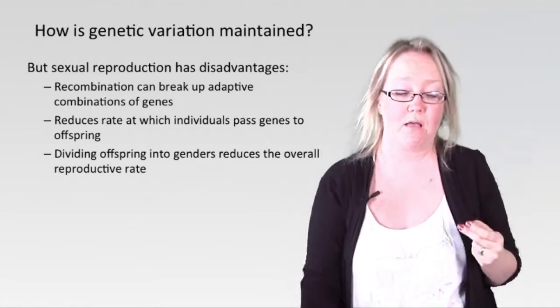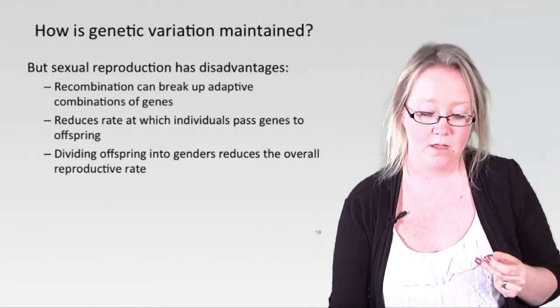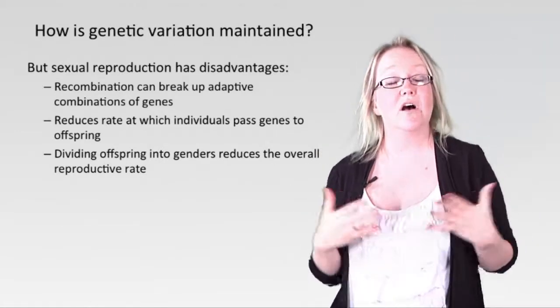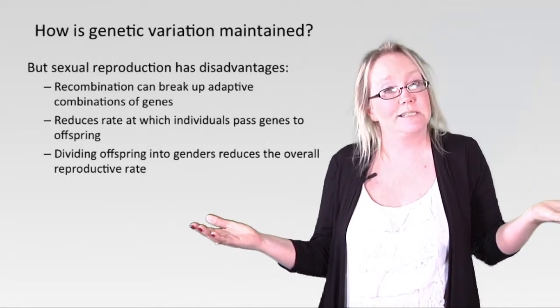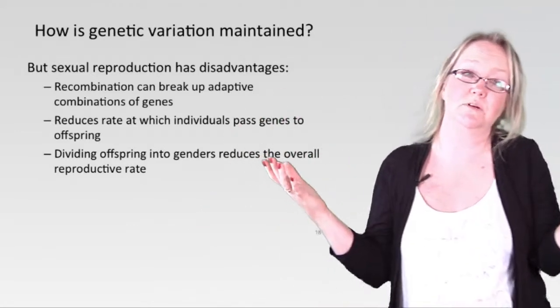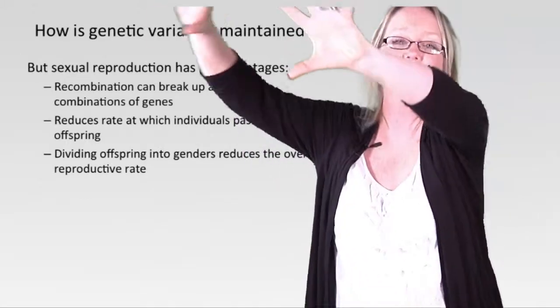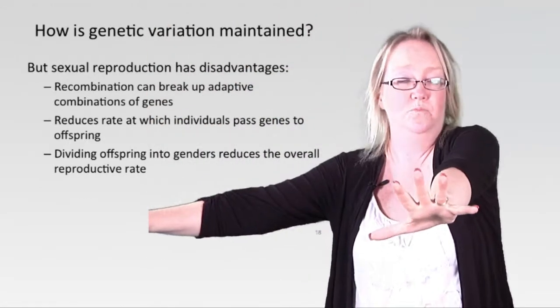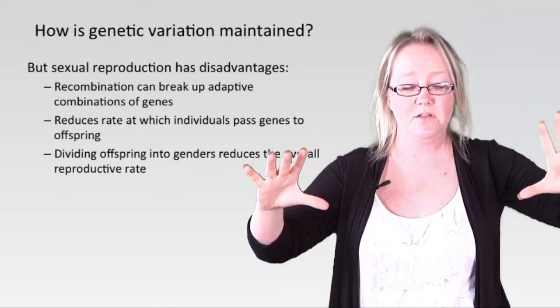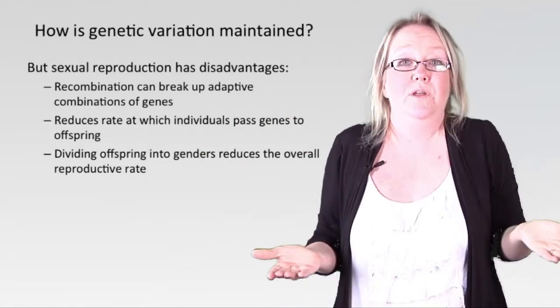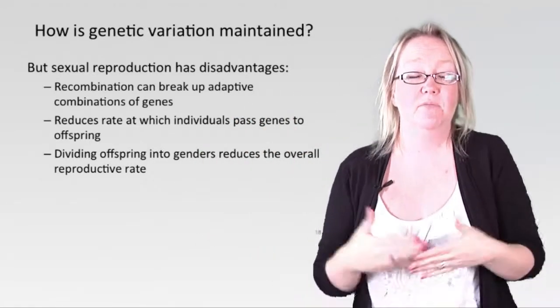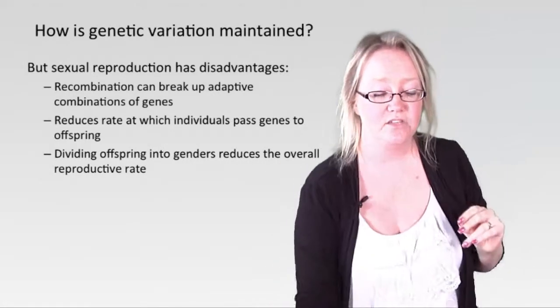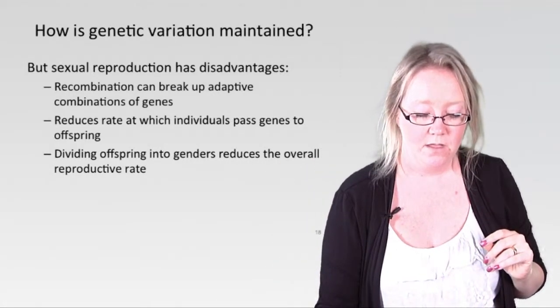That might be a problem for adaptation. Individuals also only get to pass half their genes. Okay, when you're asexual reproduction, you pass your entire genes to your offspring. So everything that your offspring is you. Okay, sexual reproduction, we only get to pass half. Okay, we've cut it in half. That's a huge reduction.